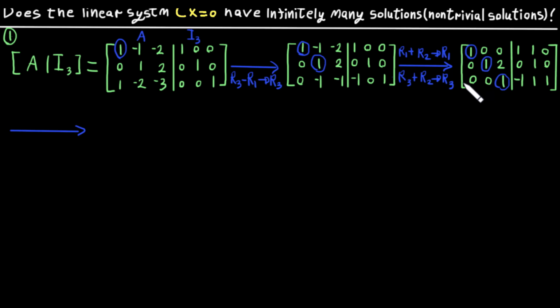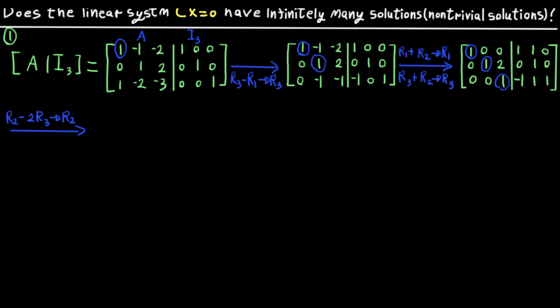So we have to multiply this row by 2. Then we can say 2 minus 2 equals 0. So row 2 minus 2 row 3 in row 2.